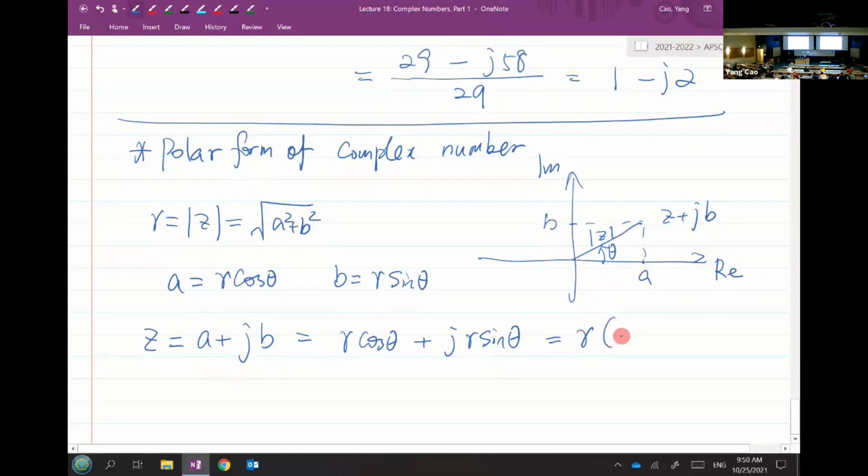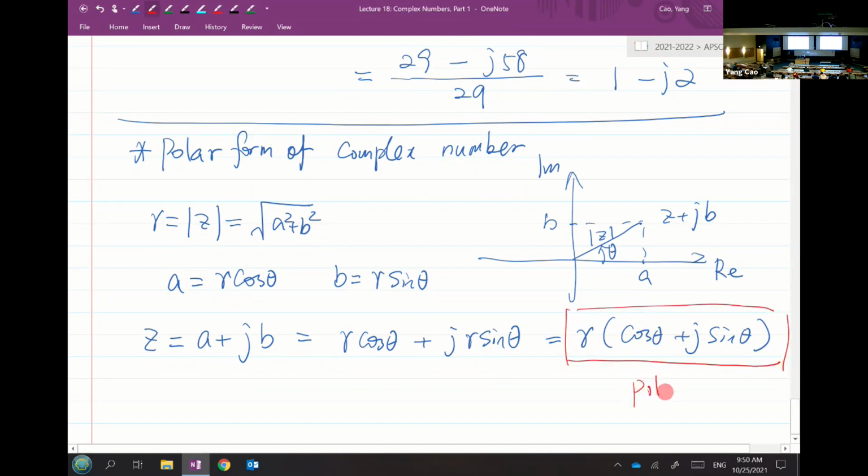You can take the r out as a common factor. So now the complex number can be written in a new format. We call it the polar form.